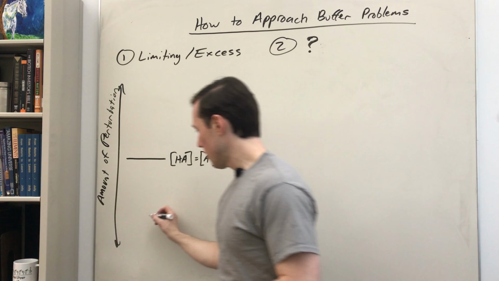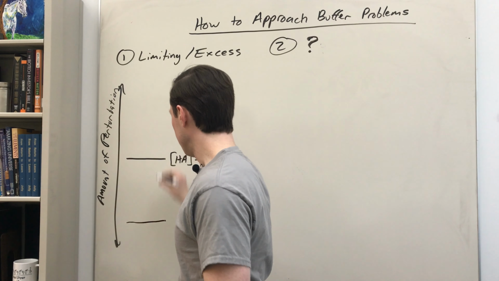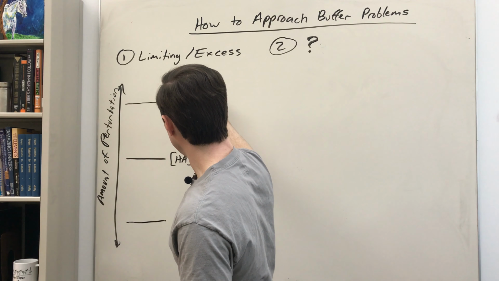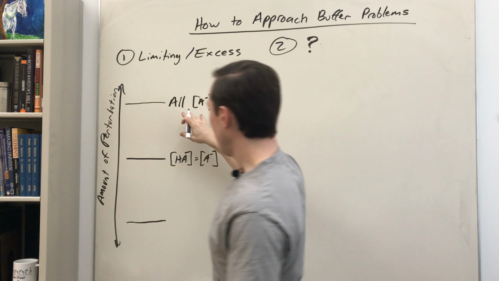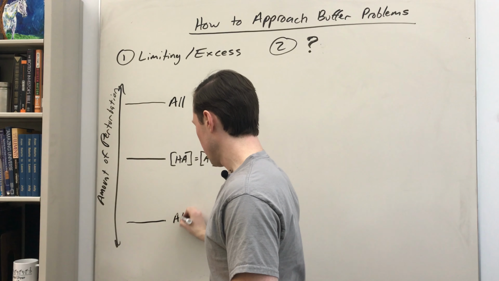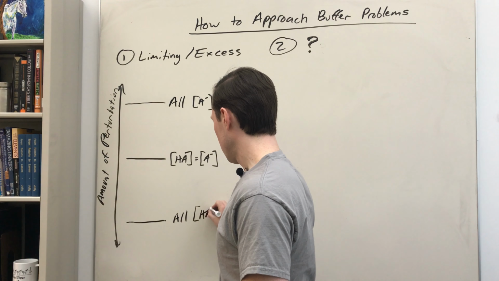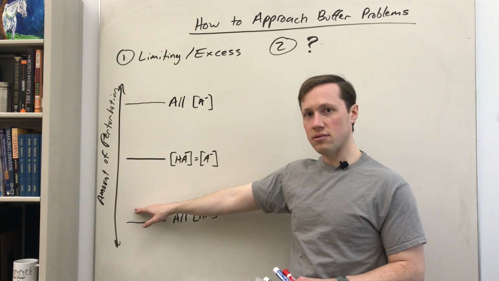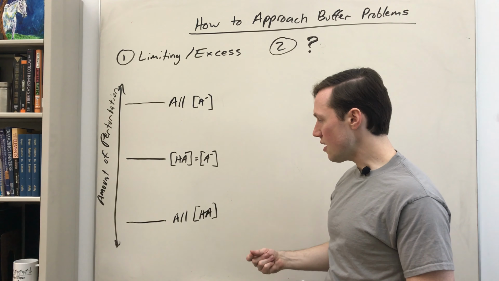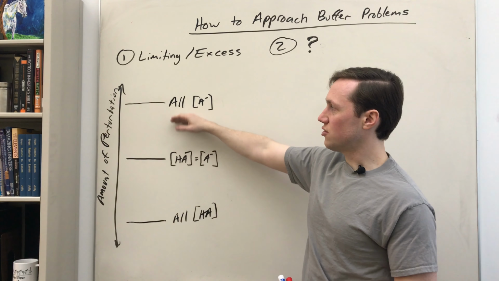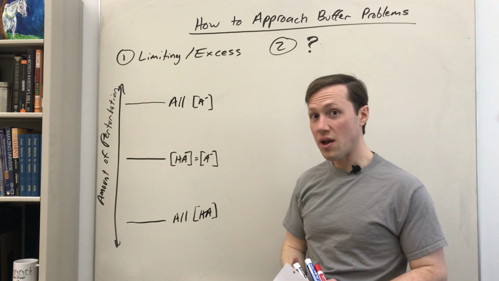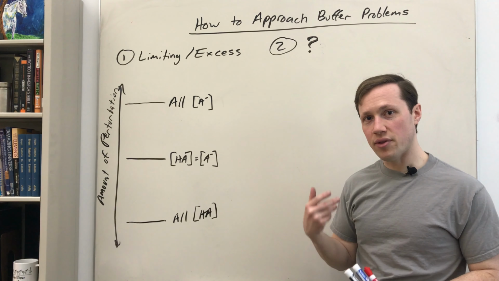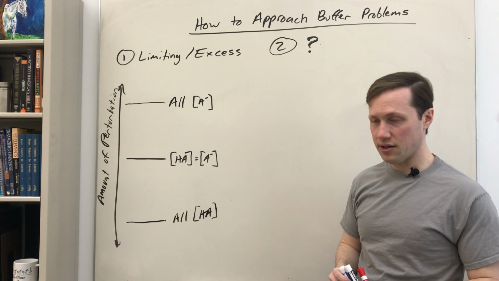So you can imagine that there are 2 points on either side of this where we get to having either all conjugate base or all conjugate acid. That is, adding acid would lower the pH or consume our base, and adding base would consume our acid. So how you solve the problem depends on how much of the perturbing compound is being added.